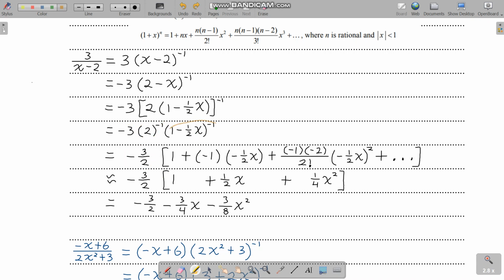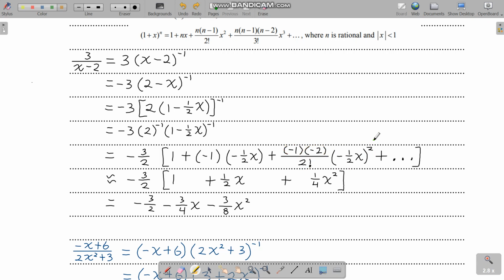Now for this part, we can use the MF19 binomial expansion Pure 3 formula. So we just follow the formula, we replace the x in the formula here with minus 1 half x, and we replace the n in the formula with minus 1. So just follow the formula, we have 1 plus nx plus n times n minus 1 over 2 factorial times x squared.